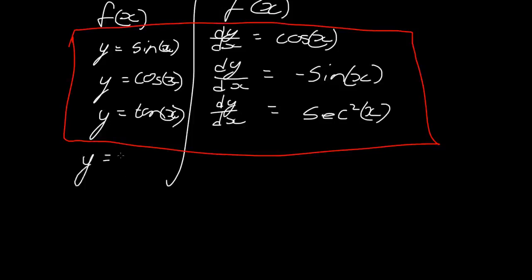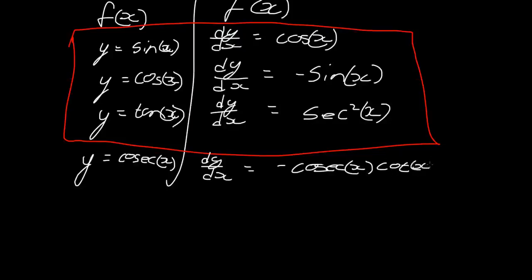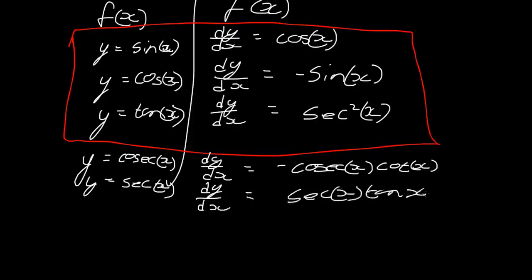So if y equals cosec x, dy by dx is equal to negative cosec x cot x. Then if y equals sec x, the derivative of that is sec x tan x.